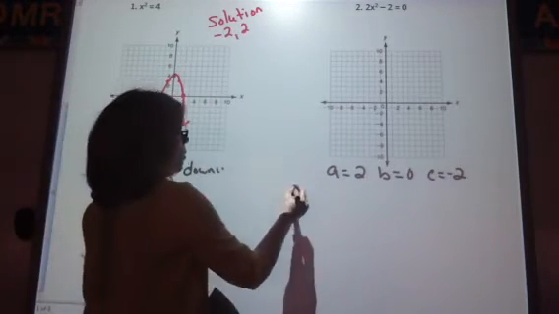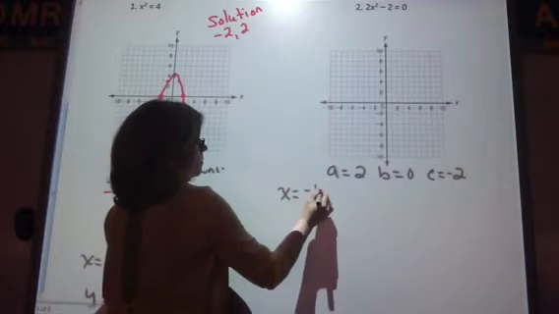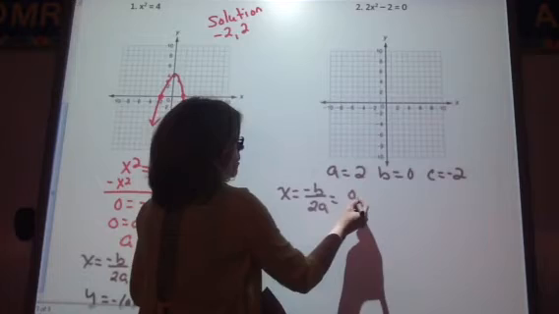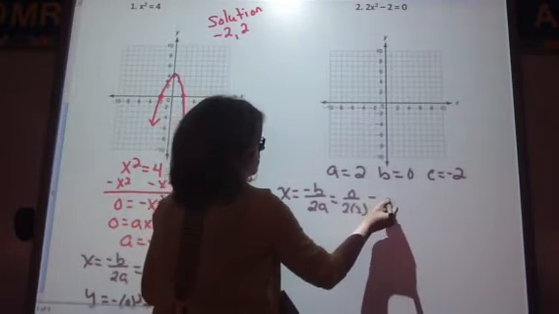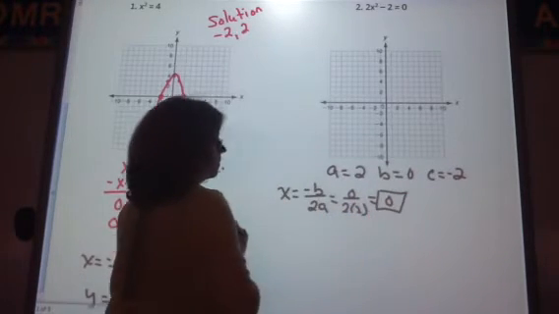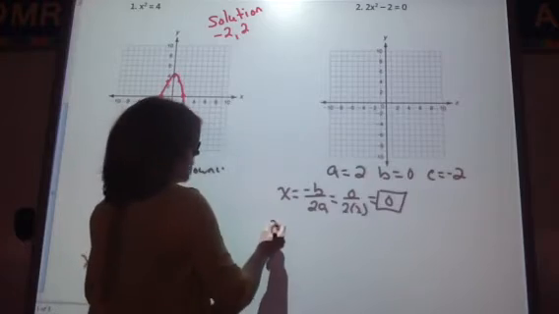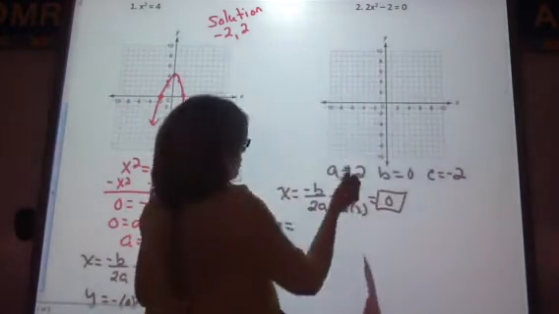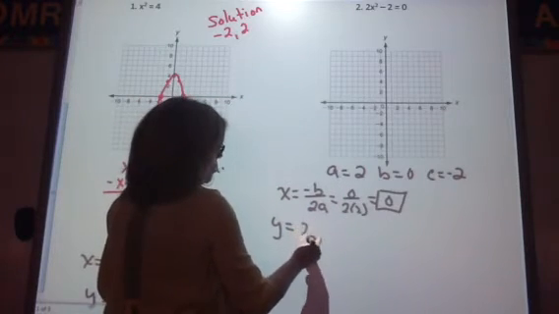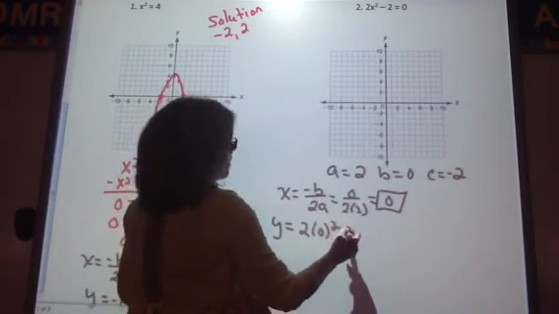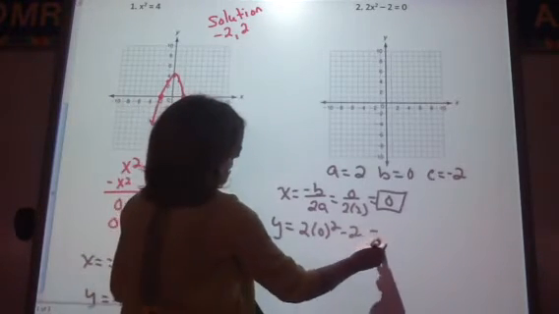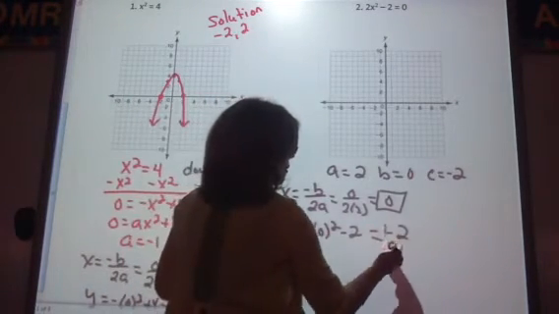Okay, so let's find our x-coordinate. Again, b is 0. So that's our axis of symmetry. Let's find our y-coordinate by substituting 0 into our equation. So it's 2 times 0 squared minus 2. So y equals -2.